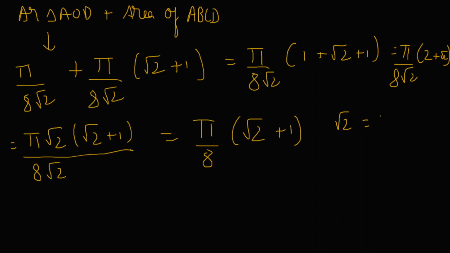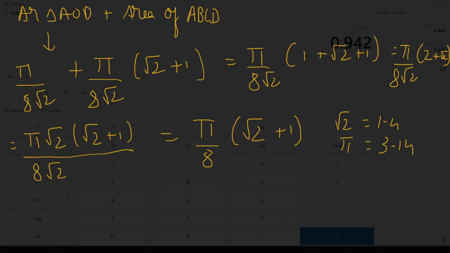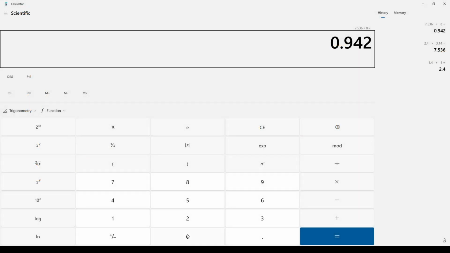Let us take root 2 as 1.4 and pi as 3.14. So here's our calculator. So we have pi by 8 into root 2 plus 1. Let us evaluate the root 2 plus 1 first.